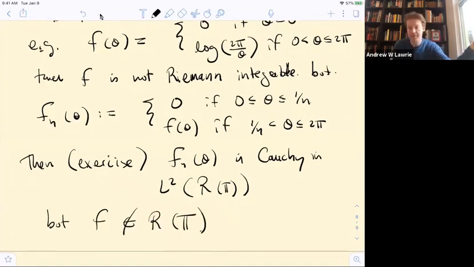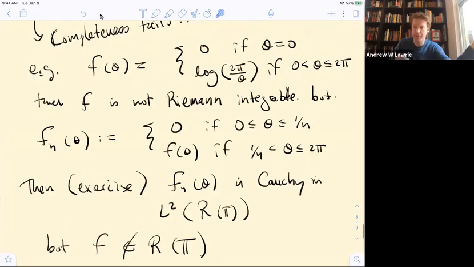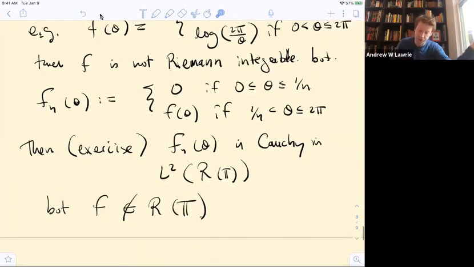So you have a Cauchy sequence. You can check that this sequence here is perfectly Riemann integrable because I've just moved away from the problem at the origin. And it's Cauchy. So if I measure the L2 distance between f_n and f_m, then that distance in L2 is small as long as n and m are both large.